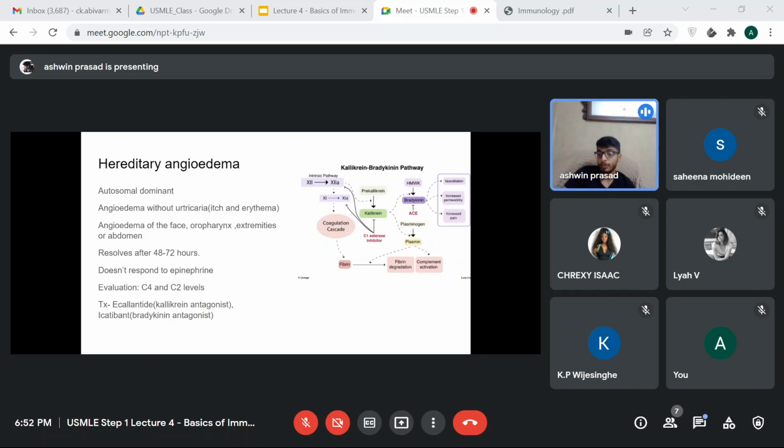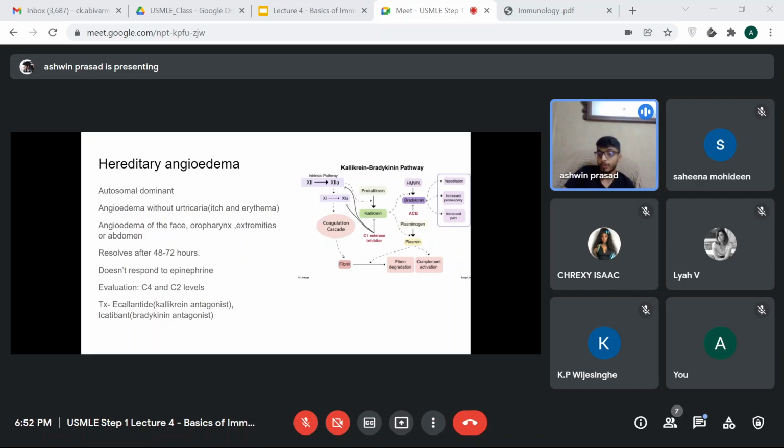So that's how you get angioedema in this condition. Without C1 esterase, the coagulation cascade and the complement pathway are improperly activated, and there is also increased accumulation of bradykinin, which is responsible for the pathophysiology of hereditary angioedema.